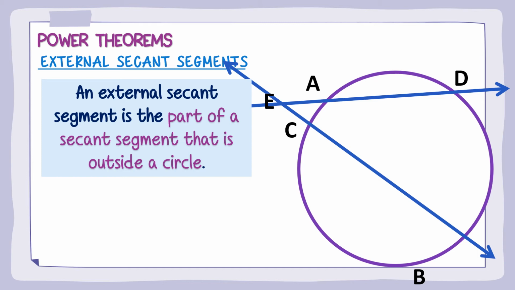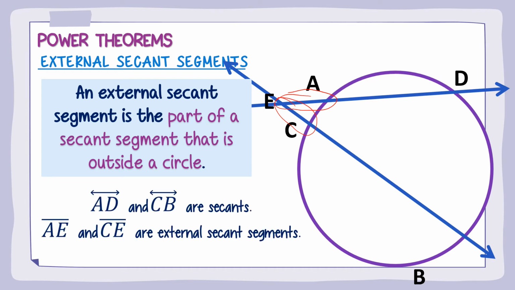So, kaya nga siya tinawag na external, meaning siya daw yung part na nasa labas. So, eto yun. Yan. At saka ito. So, we have the line segment AE and the line segment CE.